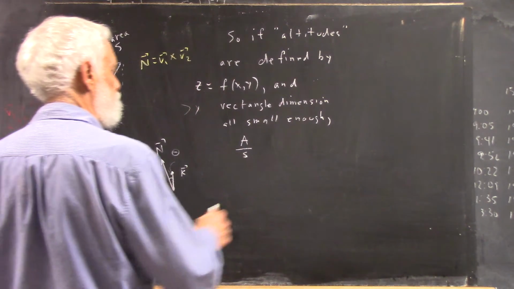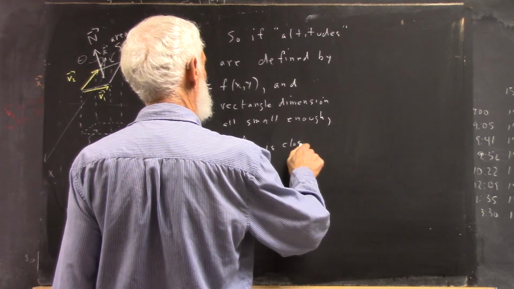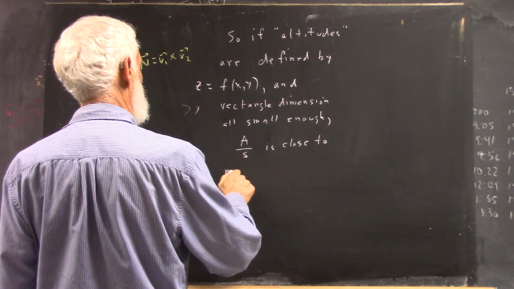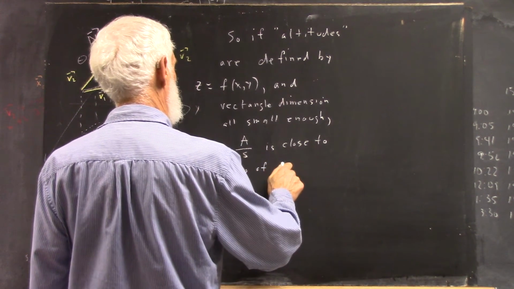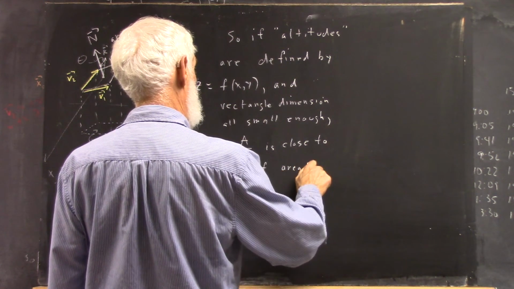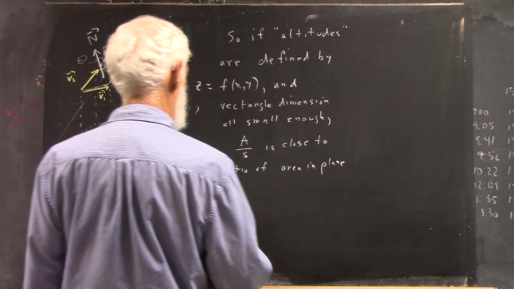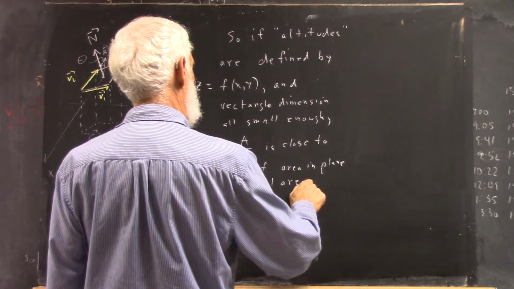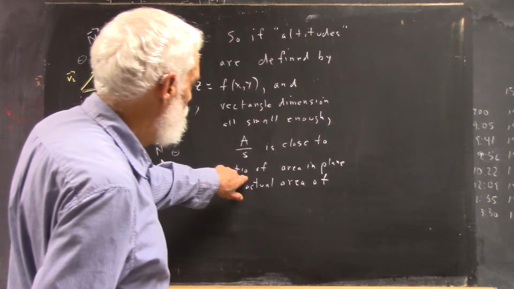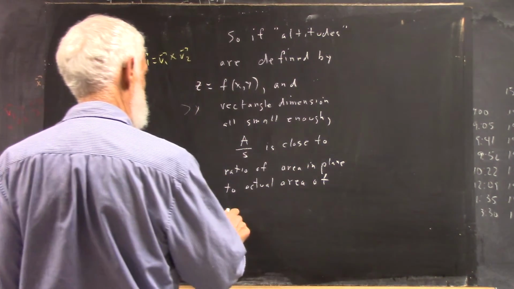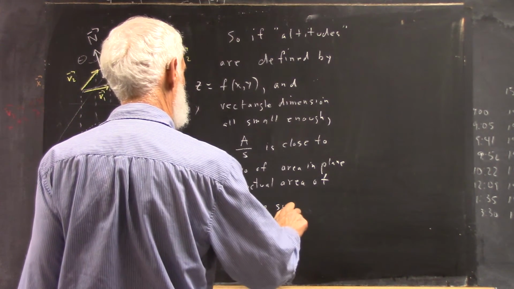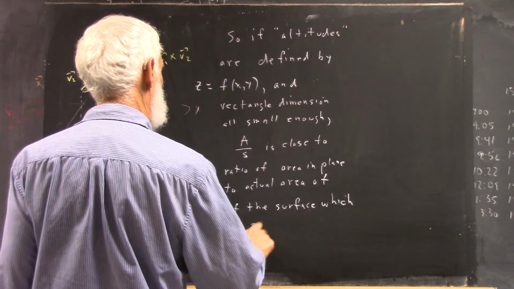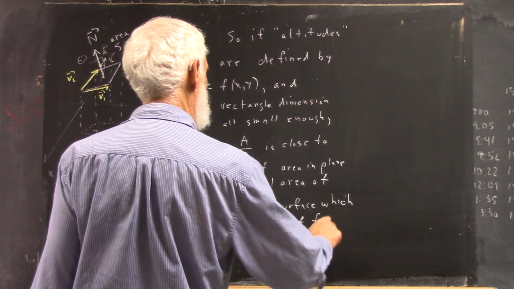And I'm going to say A over S is close to the ratio of the area in the plane to the actual area of the surface, which is the graph of f of x, y.